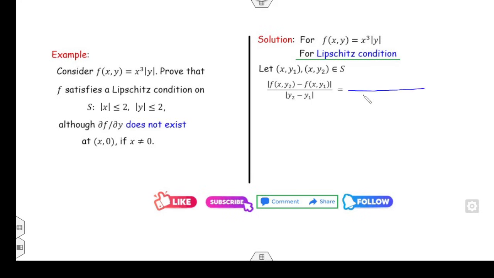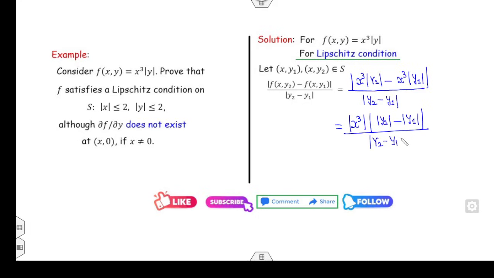So let's start with this case, y2 minus y1. The numerator becomes x cube y2 minus x cube y1. I can take modulus of x cube as common, then it is modulus of x cube times y2 minus y1 divided by y2 minus y1. What is the value of the mod of x?